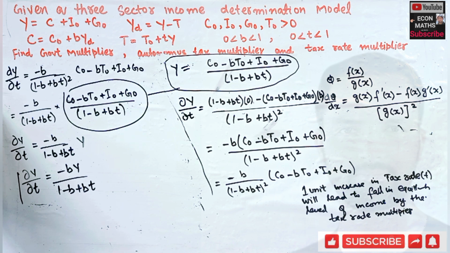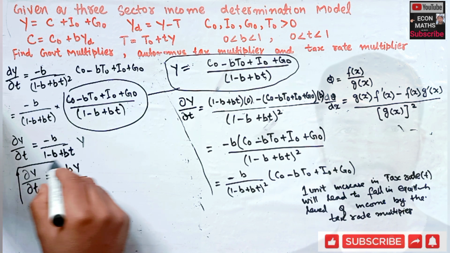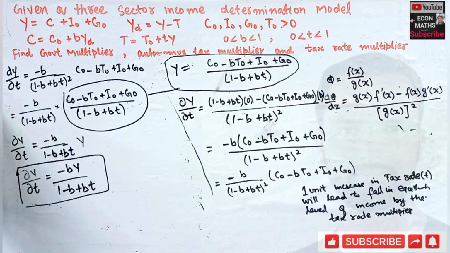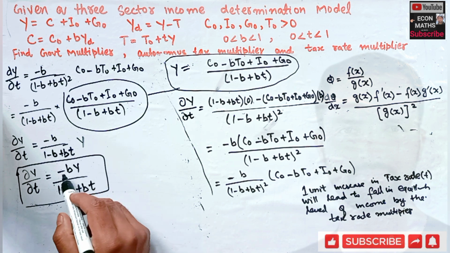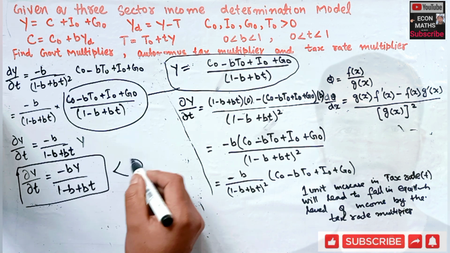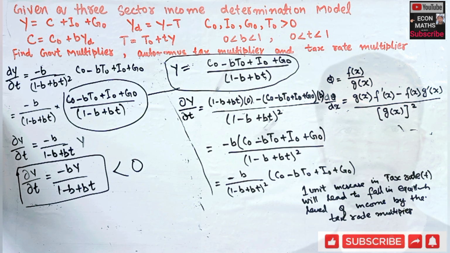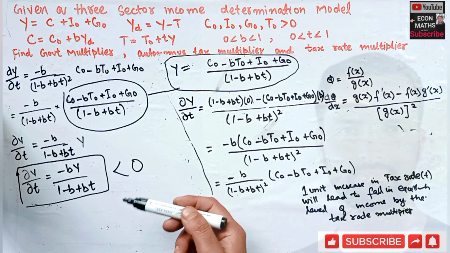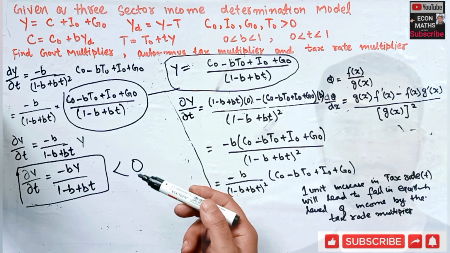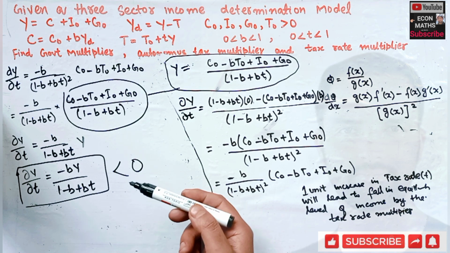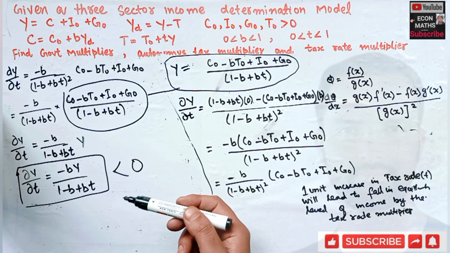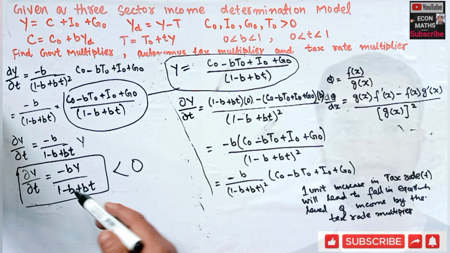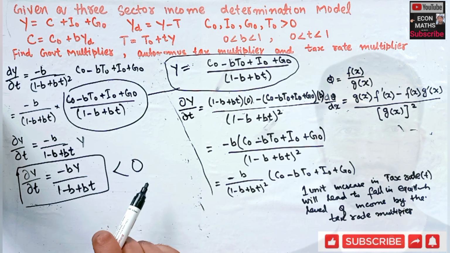This is our tax rate multiplier, and you can easily see it is less than 0 because of this negative sign. And what does it tell? It simply tells a 1 unit increase in the tax rate will cause national income or equilibrium level of income to fall by an amount equal to the tax rate multiplier, okay. I hope I make myself clear.